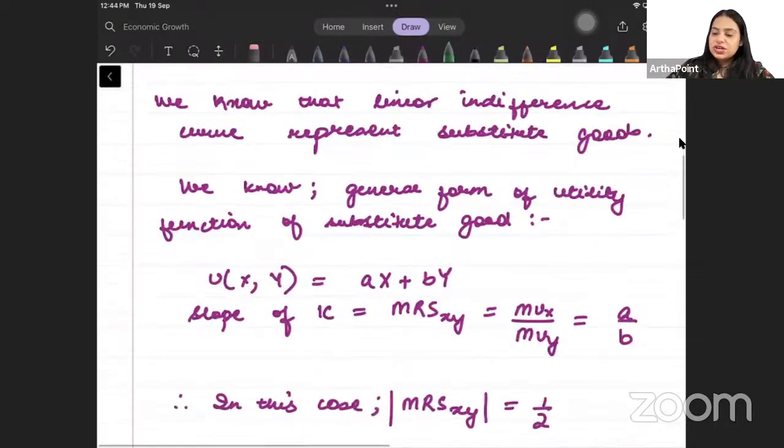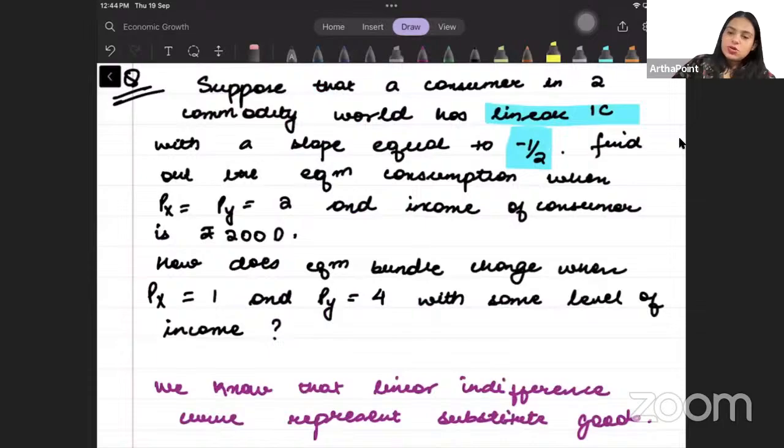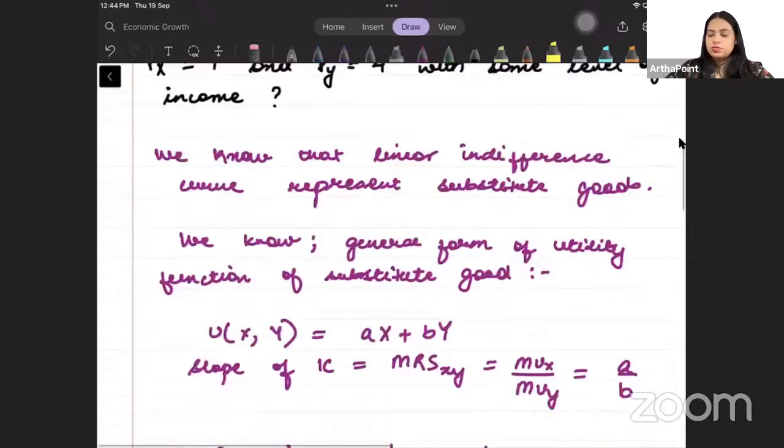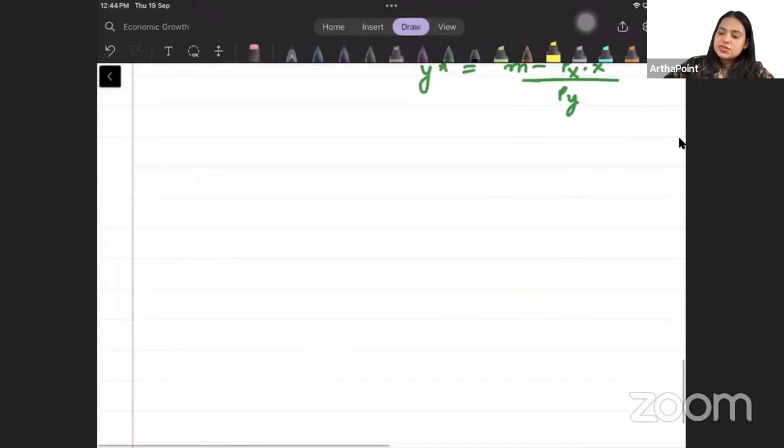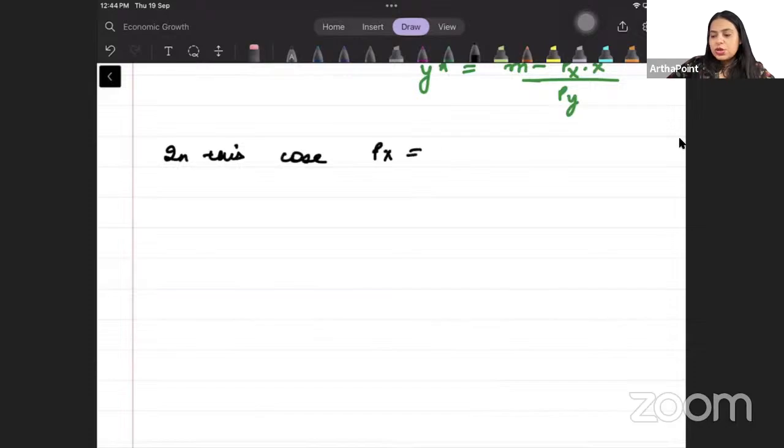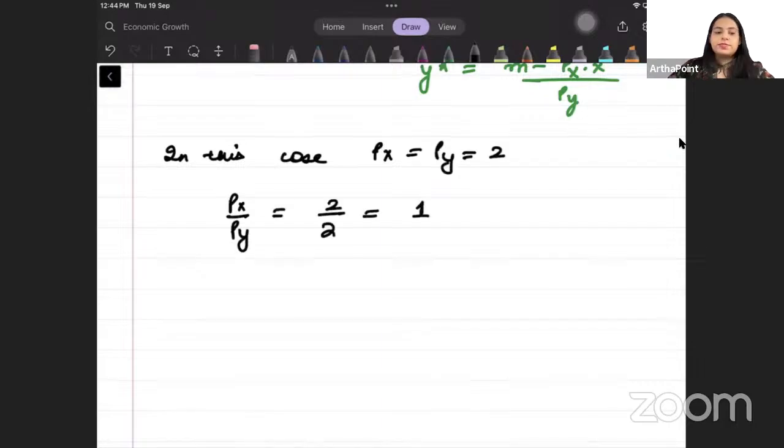Right? So now, let's come back to the question. Here you are given that Px and Py are equal to each other, and both of them are 2. So in this case, Px equal to Py equal to 2, so Px by Py equal to 2 by 2 equal to 1.